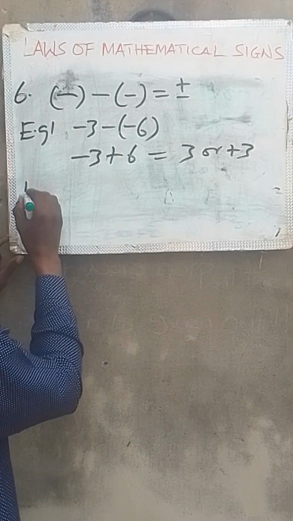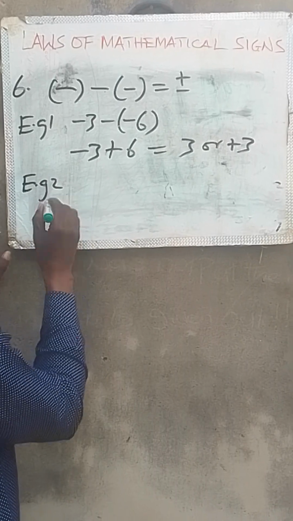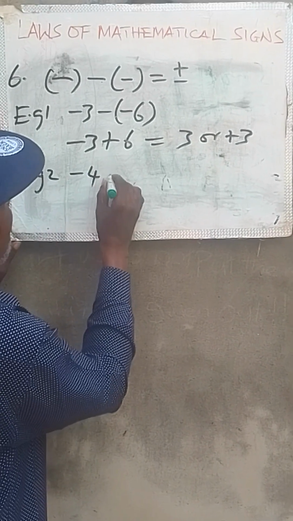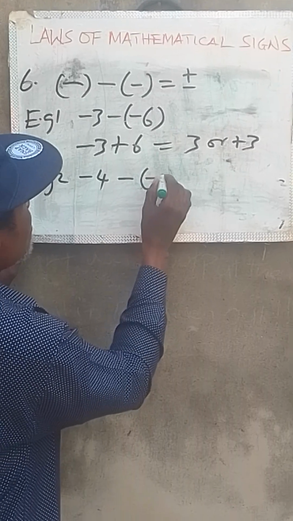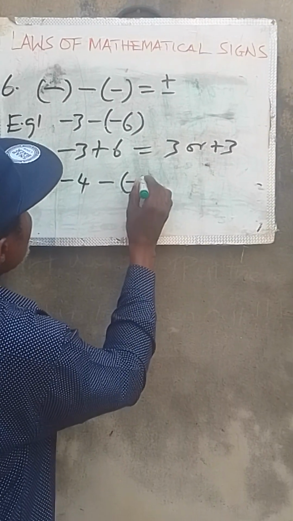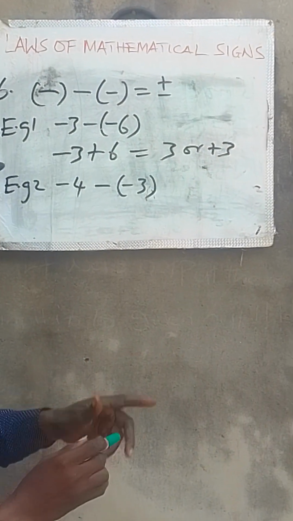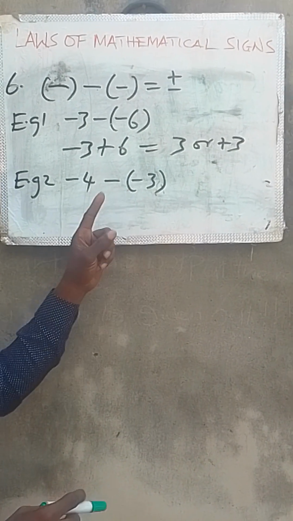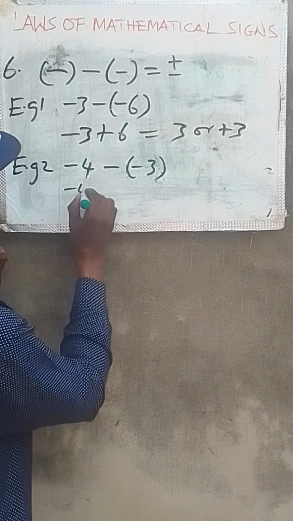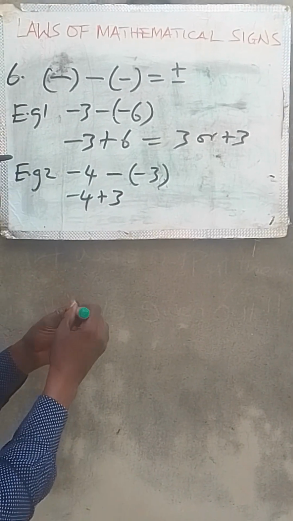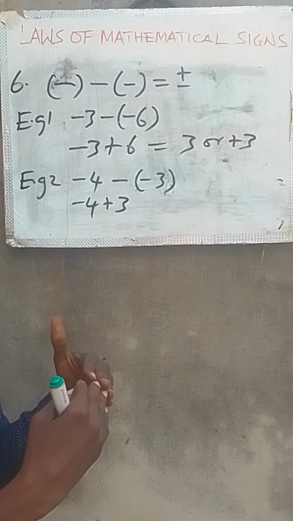Let us look at example 2. Example 2 says minus 4 minus minus 3. This will now be minus 4, minus times minus is plus 3. So now two numbers of different signs are in contact.